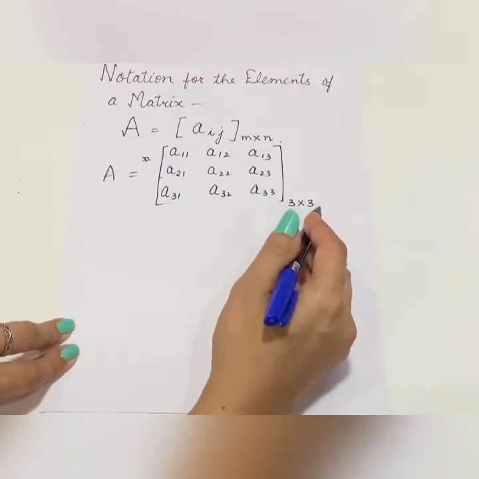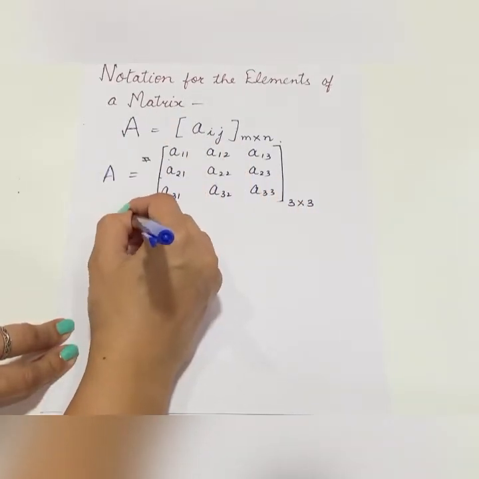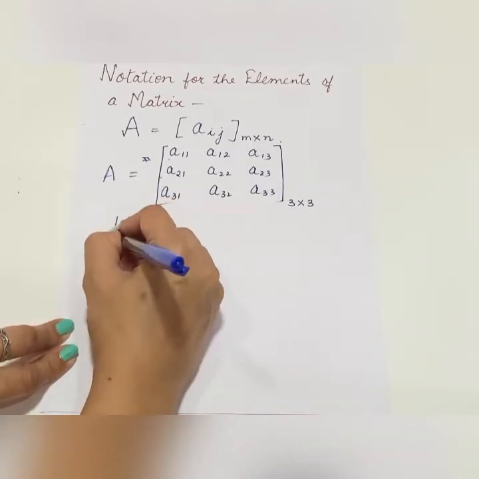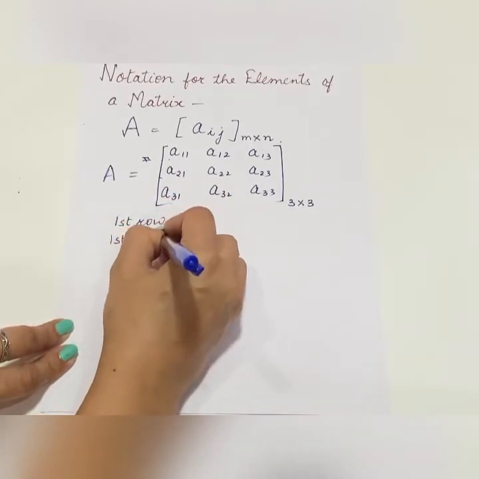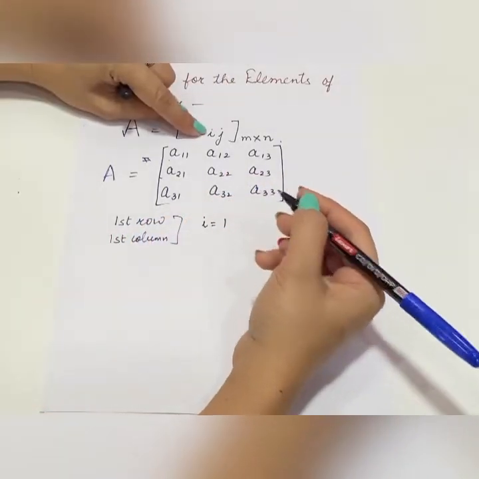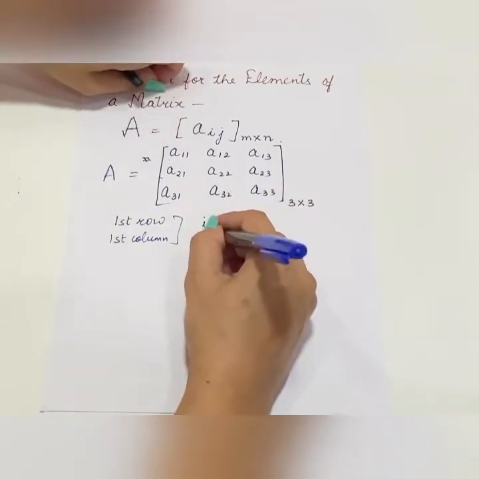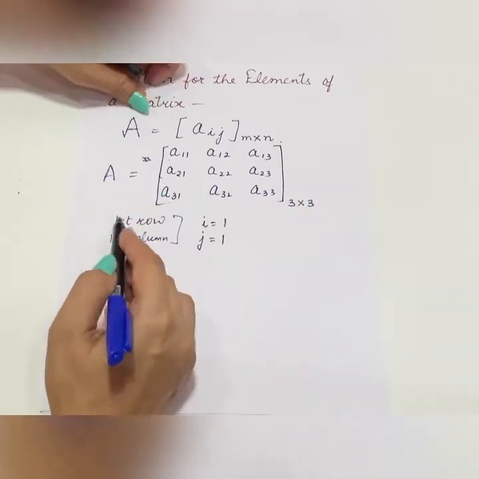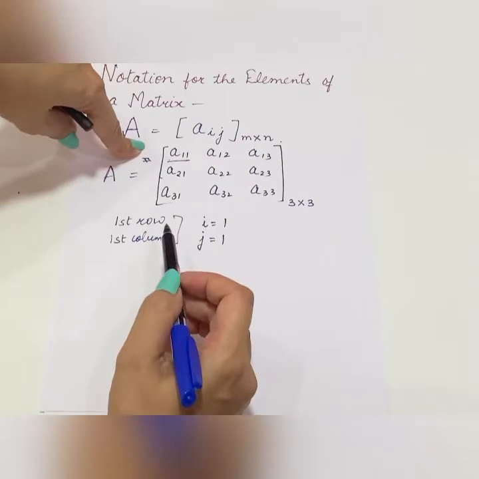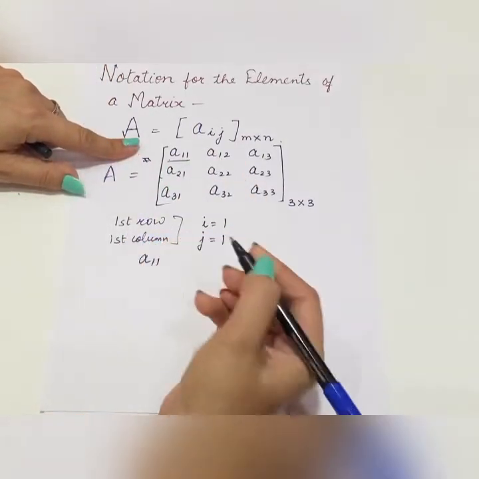The element which is in the first row and first column, for this the value of i is equal to 1. This subscript i represents the row, and for this j is also 1. So the element at first row first column is given by A11.